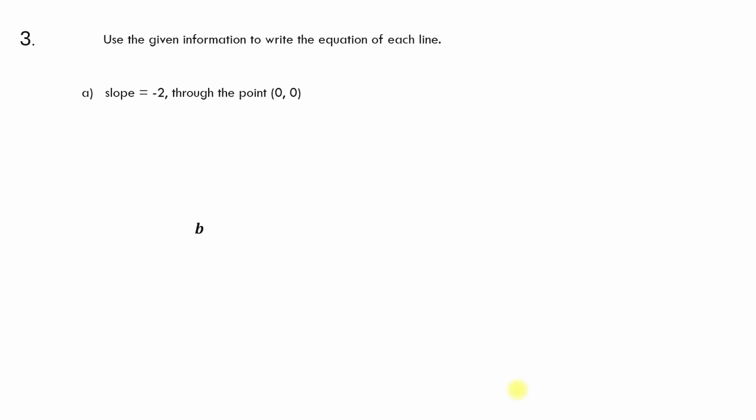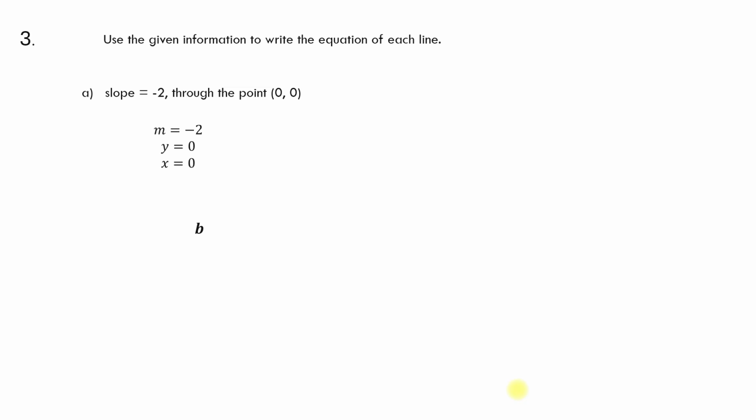Use the given information to write the equation of each line. Well, to write the equation of any line, we need to know, again, the slope and the y-intercept. We're told what the slope is, but we are not told what the y-intercept is. We are, however, told what the values of x and y are.